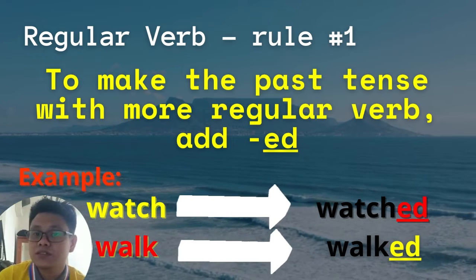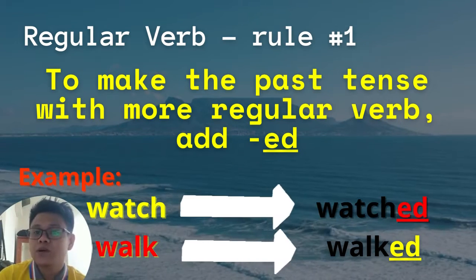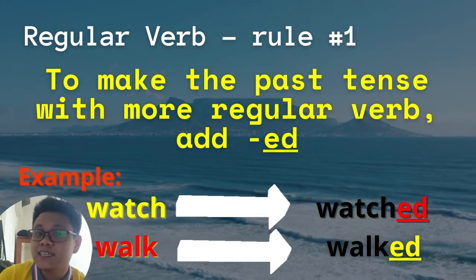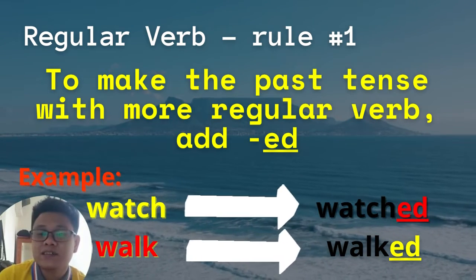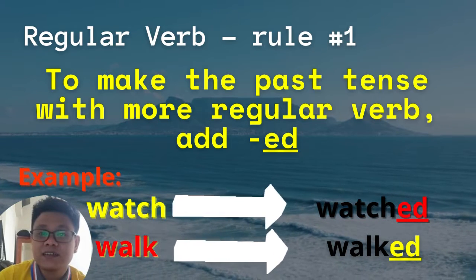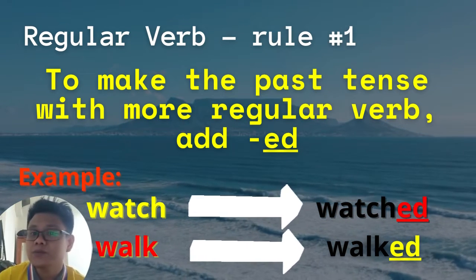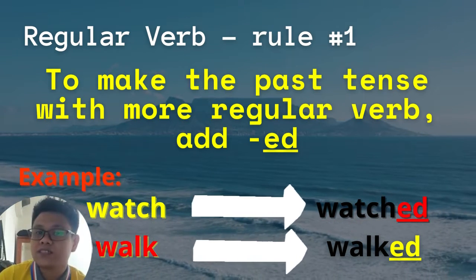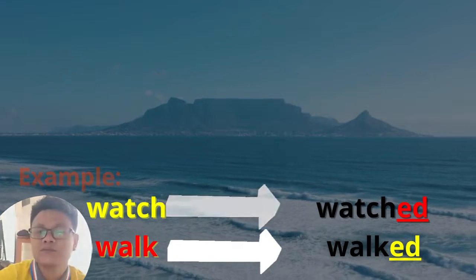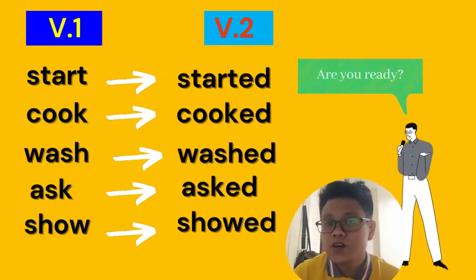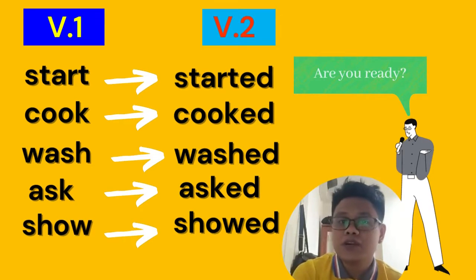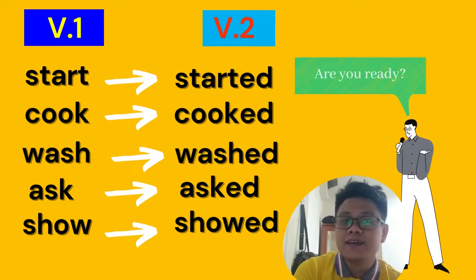Second example, walk. Then we add ed after the last letter, the letter K. So it will become walked. So now we have some examples of words that we add ed to.